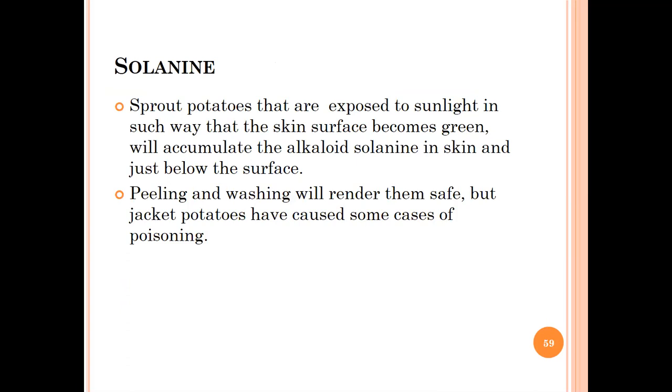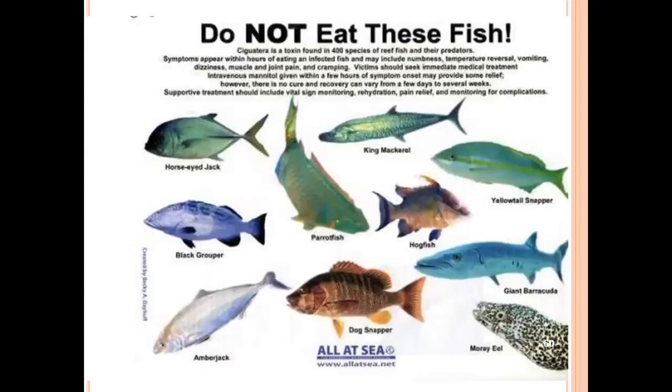And this alkaloid solanin should be removed. This green part of potatoes must be removed, peel and wash, and make potatoes safe. But pay your attention, we must be careful when cooking jacket potatoes. Sometimes it can cause poisoning.